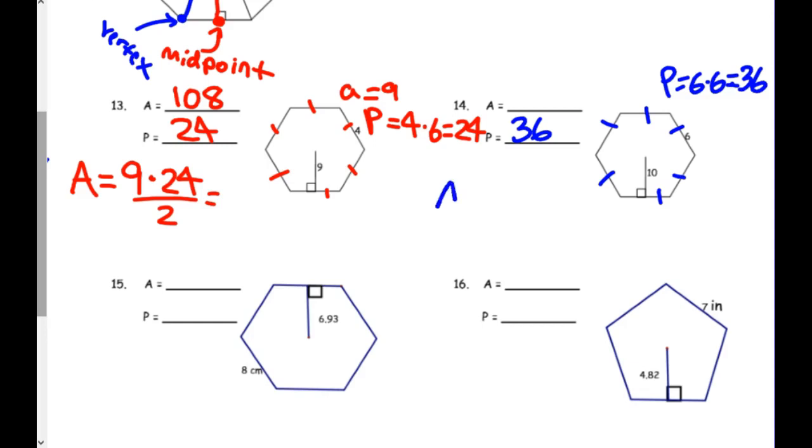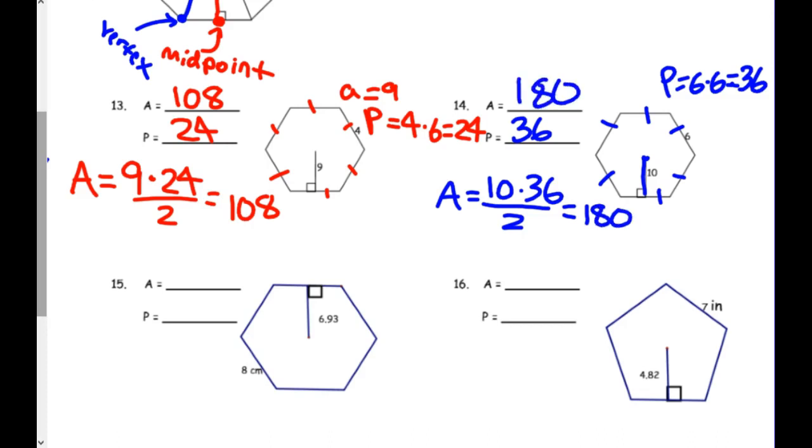All right, so now I'm going to do area is apothem, which is 10, times the perimeter, 36, divided by 2. This was 108, sorry. That gives me what? 180? 162? You sure? 10 times 36 divided by 2 is 180. All right, thank you very much, 180.